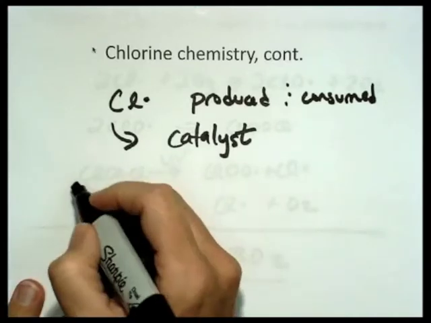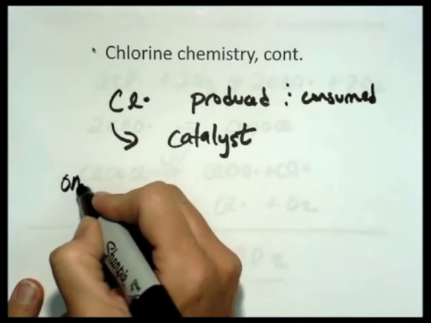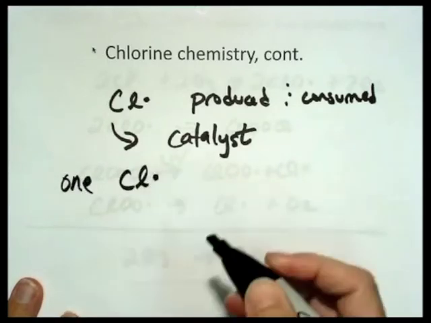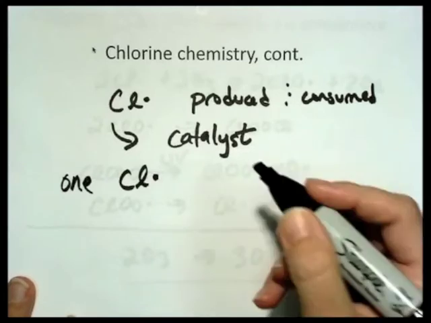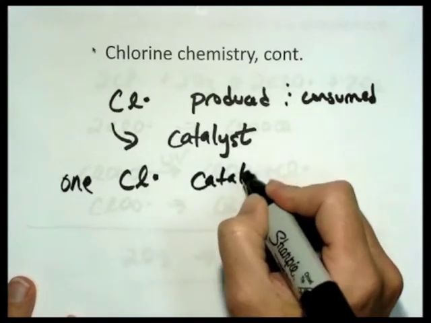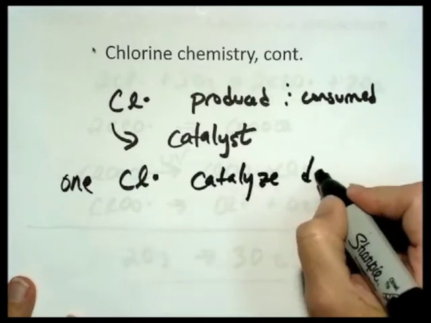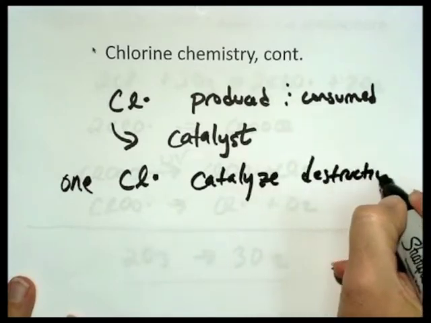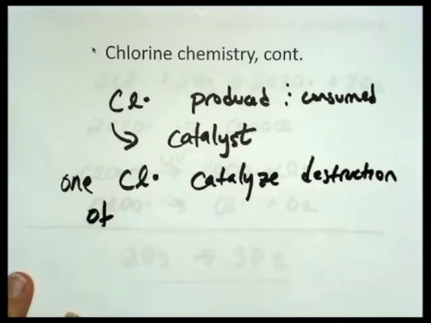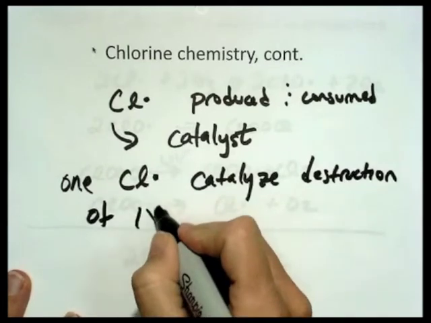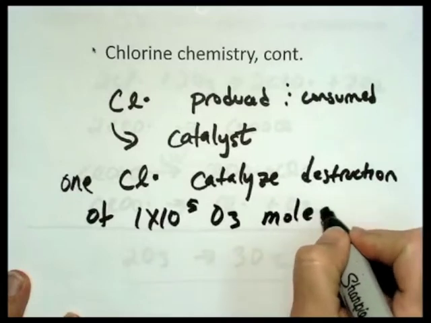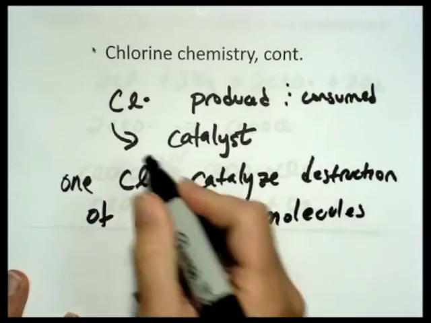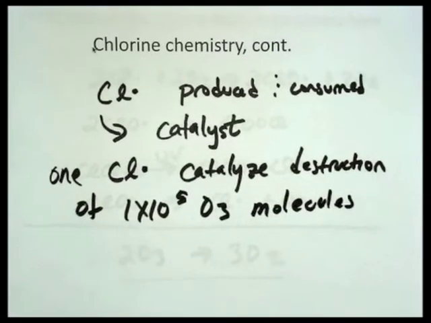A single chlorine atom, which is a free radical because it has 7 electrons, can catalyze the destruction of 1 times 10 to the 5th ozone molecules. All right, so it's a catalytic effect. A very, very small amount of chlorine can do a lot of damage.